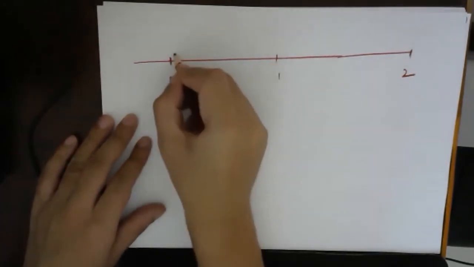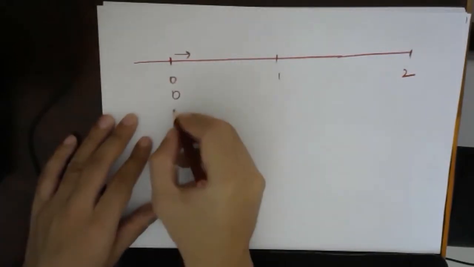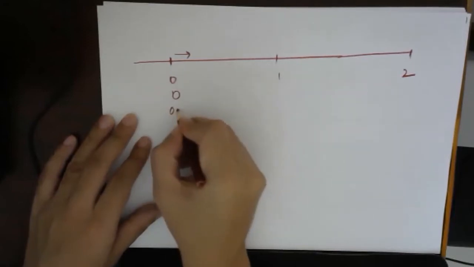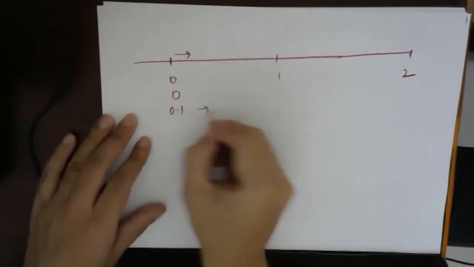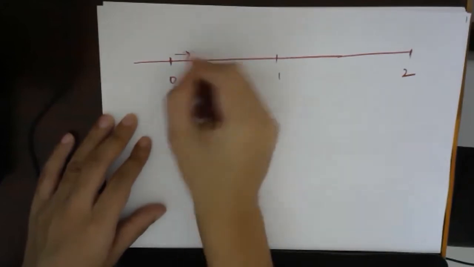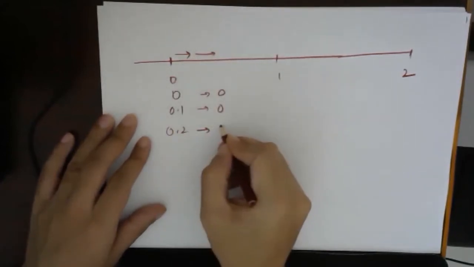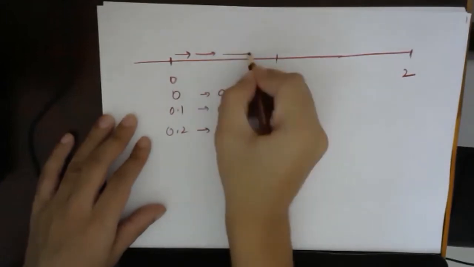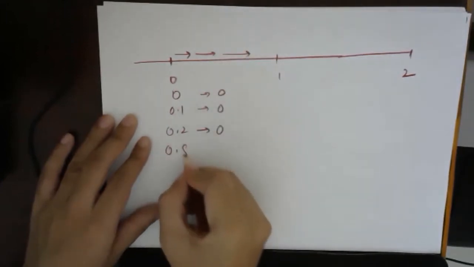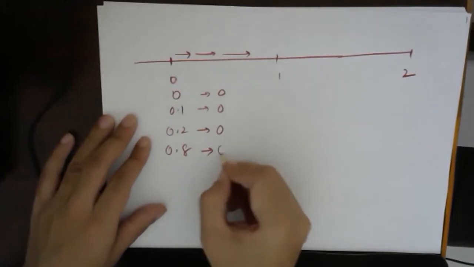If I start moving to the right, 0.1, the integral part is again 0. Moving right, 0.2, the integral part is 0. Again to the right, 0.8, the integral part is again 0.